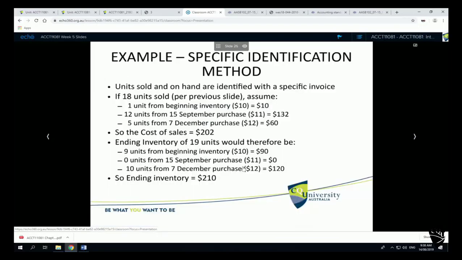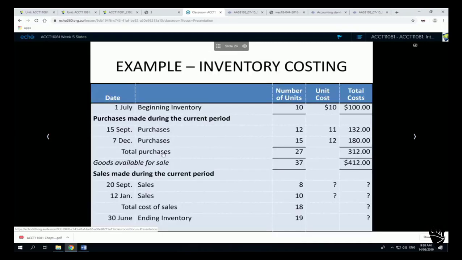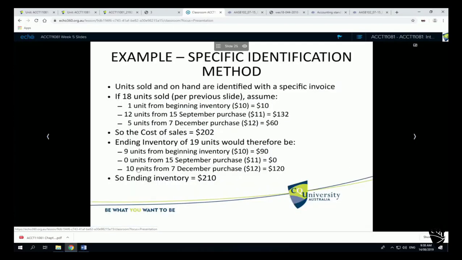So we have 0 units valued at 11, and then we only sold 5 from the second purchase. So we have 10 units at $12. So again, we simply sum the $90 plus the $120, so we know that our ending inventory is $210.